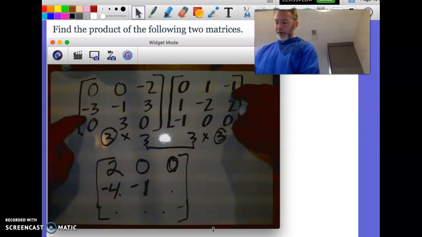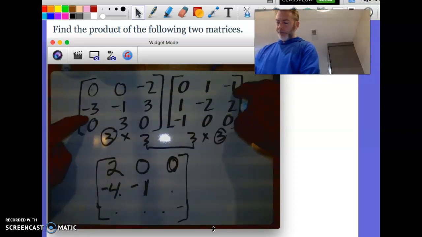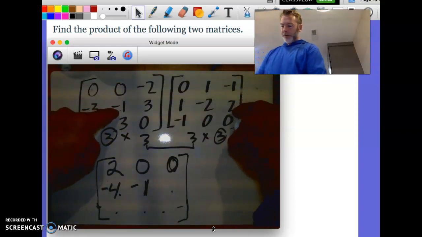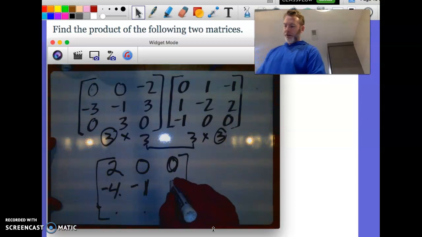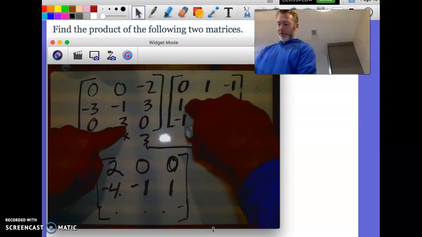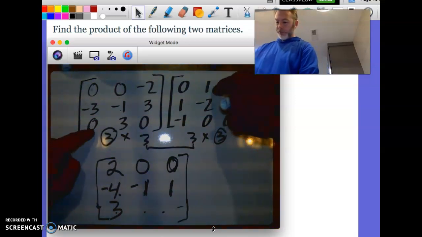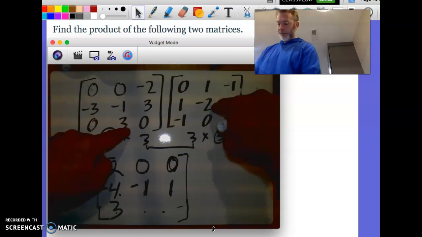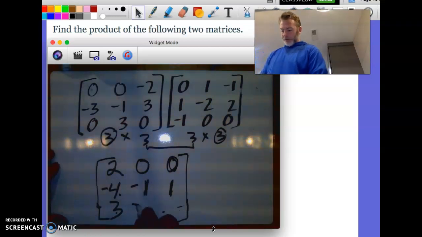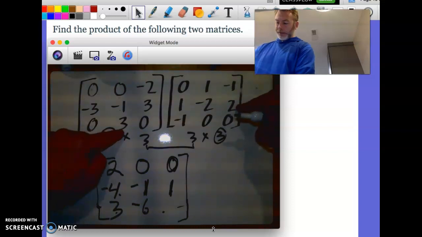Positive 3. Whoa, that's not negative 1, that's negative 2. So positive 3, negative 2, that's positive 1. And then let's go to the last one. 0, 3, 0. Go to this one: 0, negative 6, 0. And then the last one: 0, 6, 0.